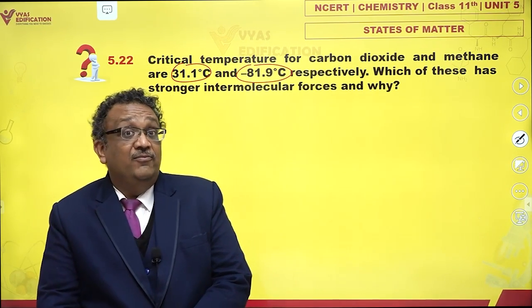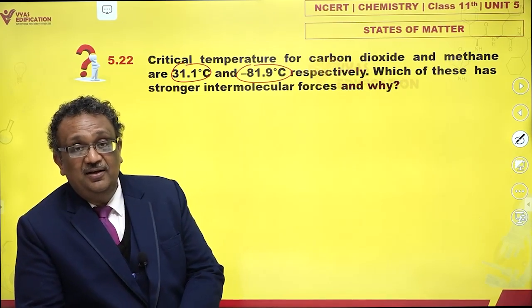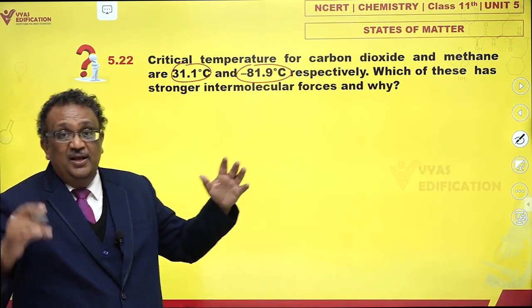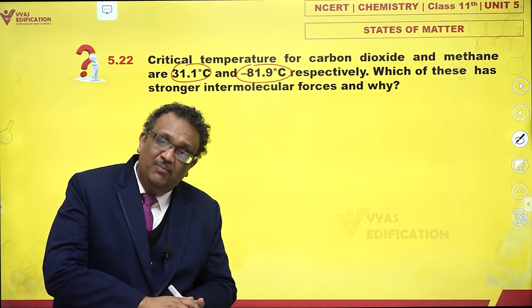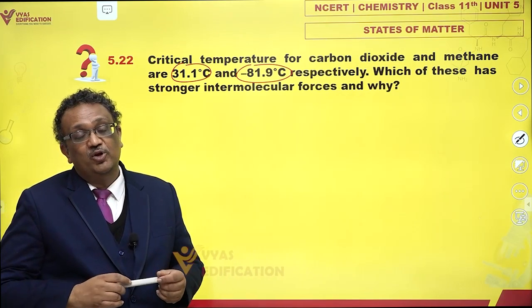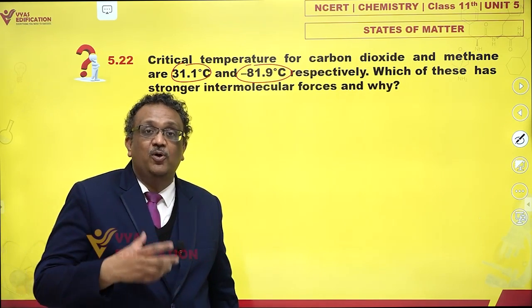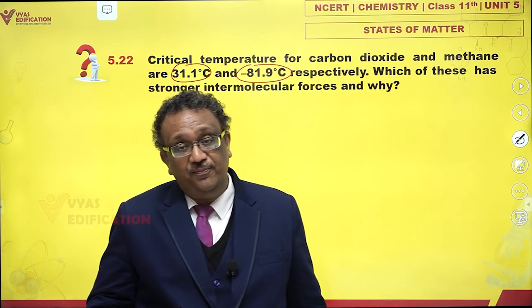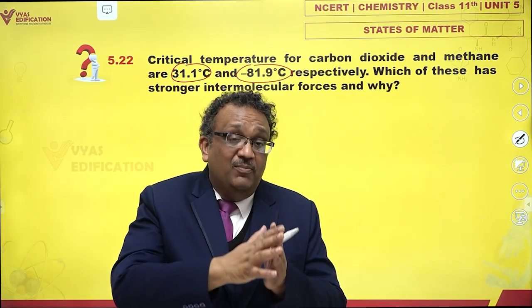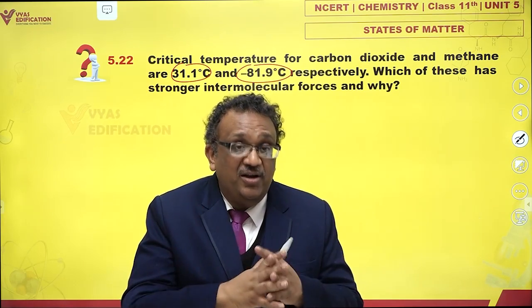So what does it mean? It means that if I take temperatures below 31.1 and apply pressure, CO2 can become liquid or solid. Yes. Why does a gas become liquid or solid? It becomes liquid or solid because it has intermolecular forces of attraction. At higher temperatures also, if it can become liquid, that means it has greater attraction.